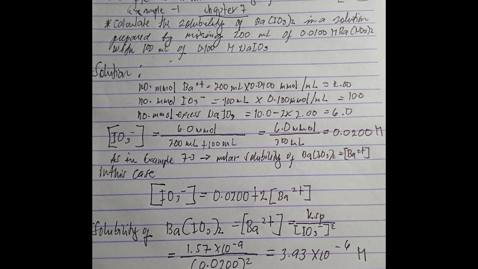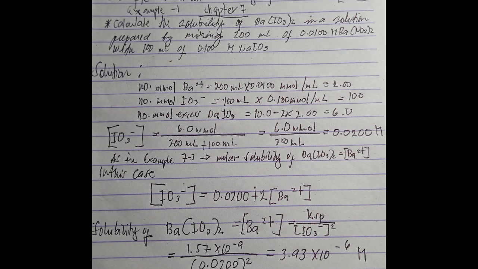So in this case, let's get the value of IO3-. Since we got the 6.0, that becomes the numerator, over the total volume, which is 200 ml plus 100 ml equals 300 ml. Then copy the 6.0 millimole. So the result is 0.0200 mole.